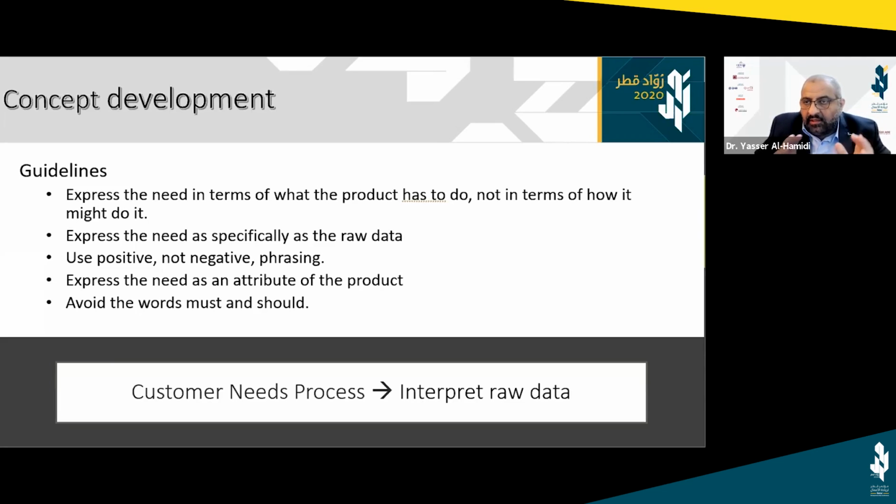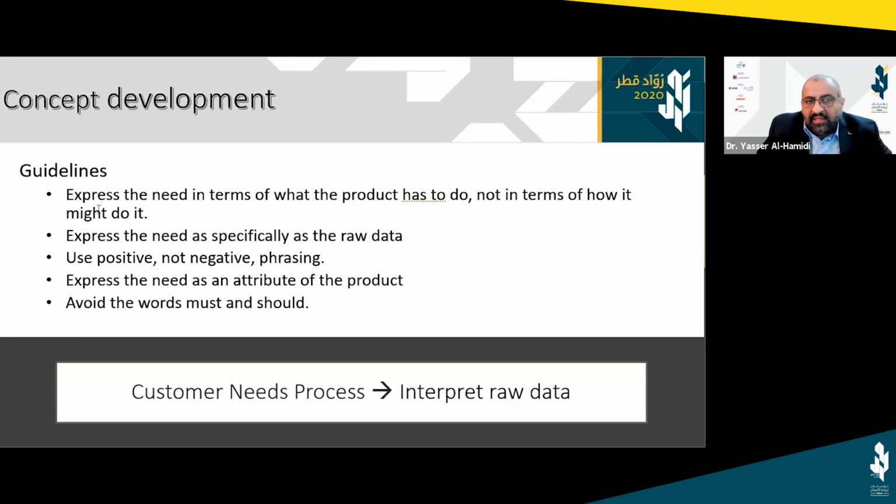So again, the need statements, and I will show an example, are totally different from the raw data. The raw data will be, first of all, collected by different team members, and then there will be maybe some redundant information. You need to write these as need statements, and there are guidelines to be able to write these need statements for your product.